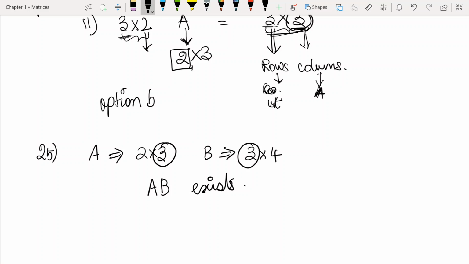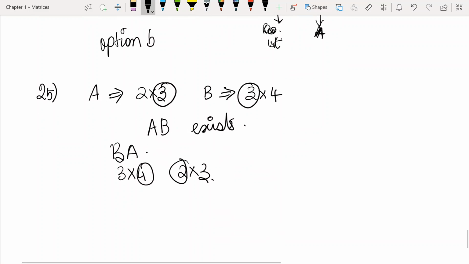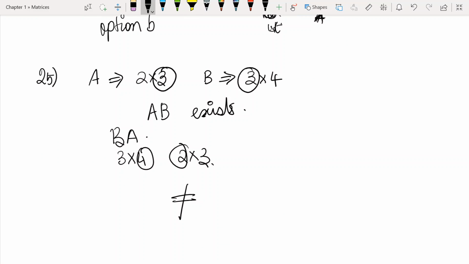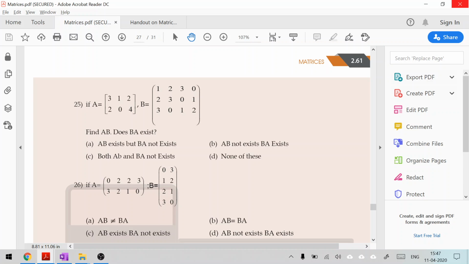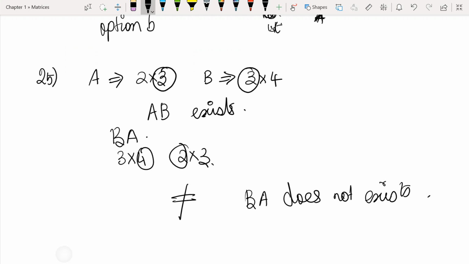Now coming to BA. B is 3 by 4 and A is 2 by 3. The number of columns and number of rows are not equal. So BA does not exist. So we need to look for that kind of an option. AB exists but BA does not exist. So our search stops here, option A. This is our option. Are we clear, students, with this?